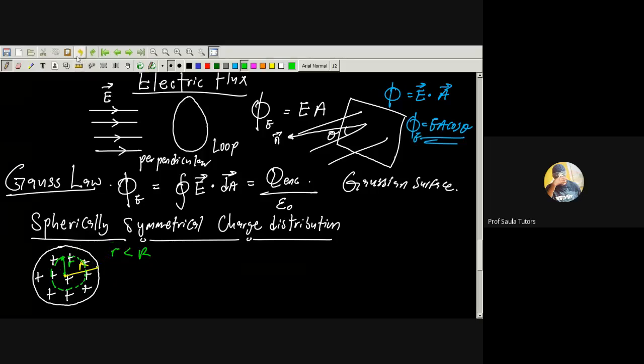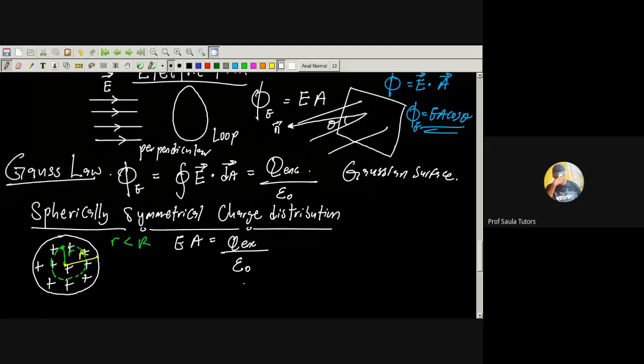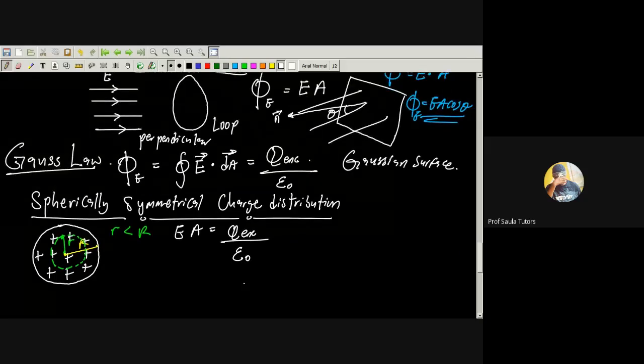Now, what do we do here? Pay attention. Don't forget that according to Gauss law, EA is equal to the charge enclosed divided by the permittivity. Now, the question is this: how do I find the charge enclosed?